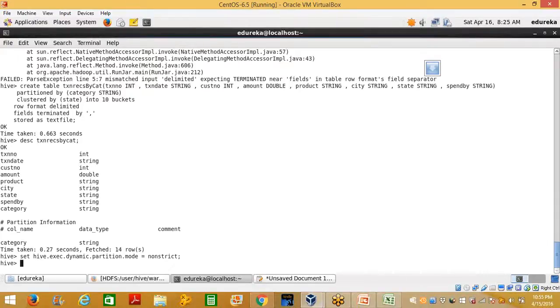And again, set hive.exec.dynamic.partition = true. This is the second one.